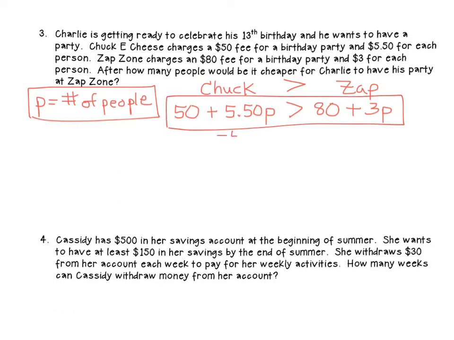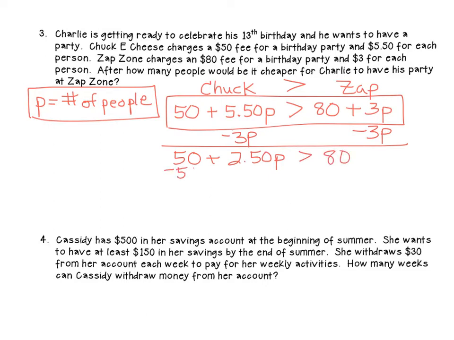So let's subtract $5.50. Actually, that's not a good decision. Let's subtract 3p from both sides. Subtract 3p. All right, so that'll leave me 50, and then I need $5.50 minus $3. That's $2.50p is greater than 80.